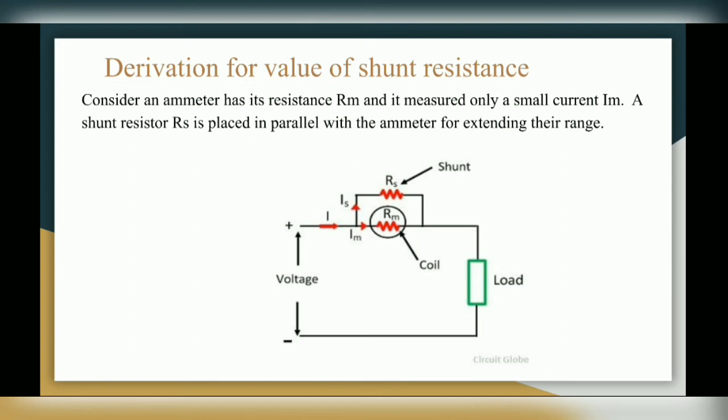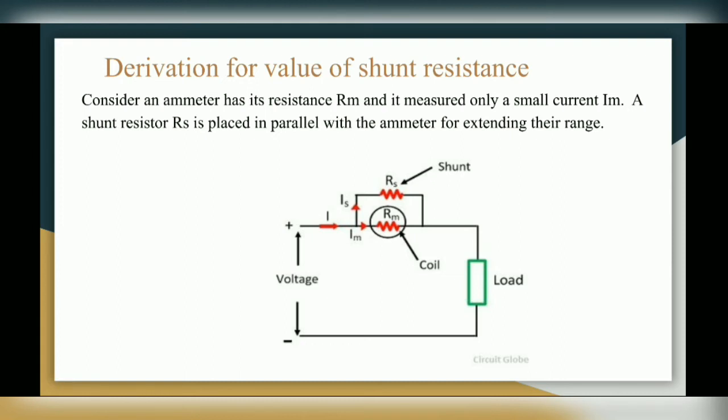Next, derivation for value of shunt resistance. Consider an ammeter has its resistance Rm and it measures only a small current Im. A shunt resistor Rs is placed in parallel with the ammeter for extending its range. In this diagram you can see there is a coil whose resistance is Rm and the current flowing through it is Im, which is very small.